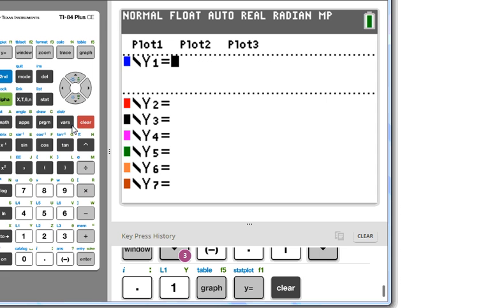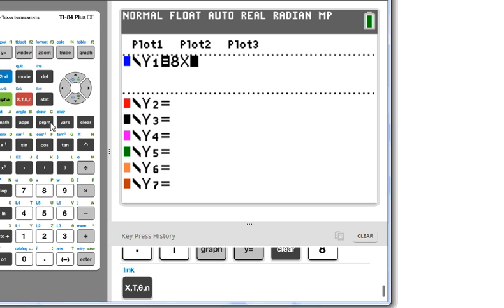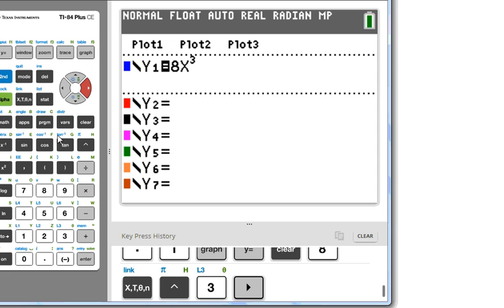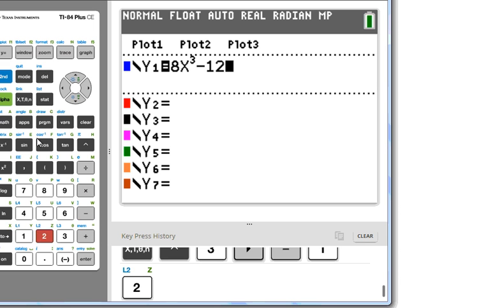We have 8x cubed minus 12x squared plus 6x minus 1.